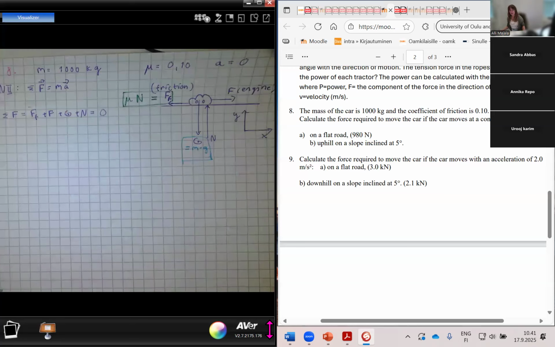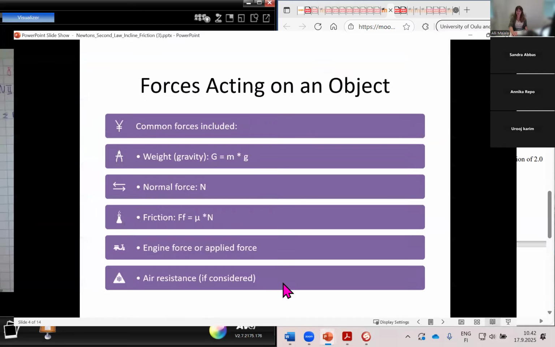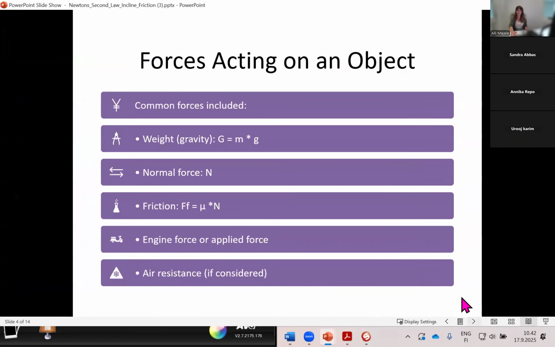What is the problem here? Can anybody see a problem? Gravity would be like that. So what was it called? Vector force.